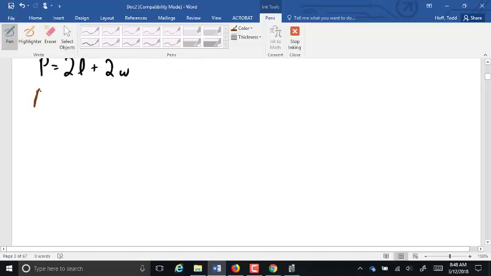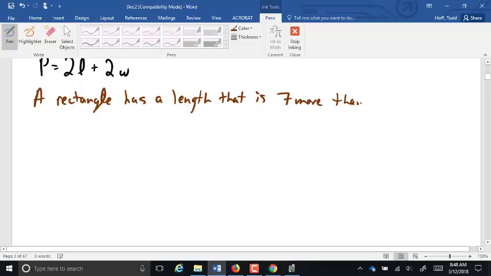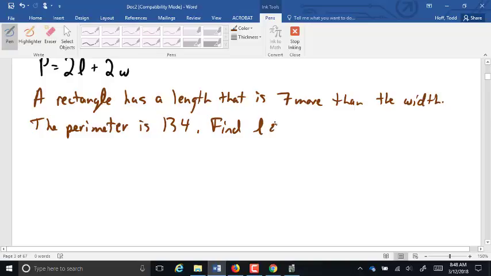We might have a rectangle that has a length that is 7 more than the width. The perimeter is 134. Find the length and the width.